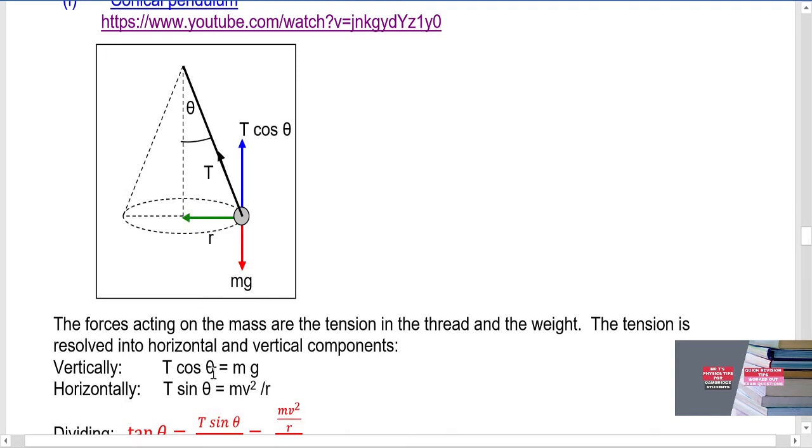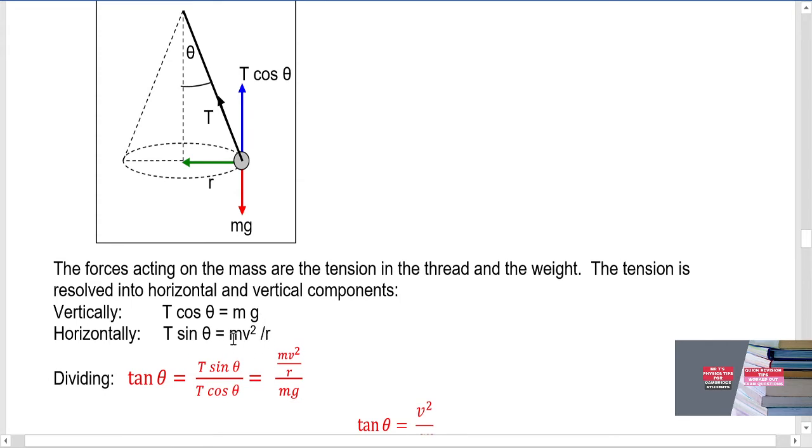So T cos theta is mg, and then T sine theta is mv squared over r, which is the formula for centripetal force. Now dividing the horizontal by the vertical equation, we have T sine theta, equal to mv squared over r, divided by T cos theta, equal to mg.